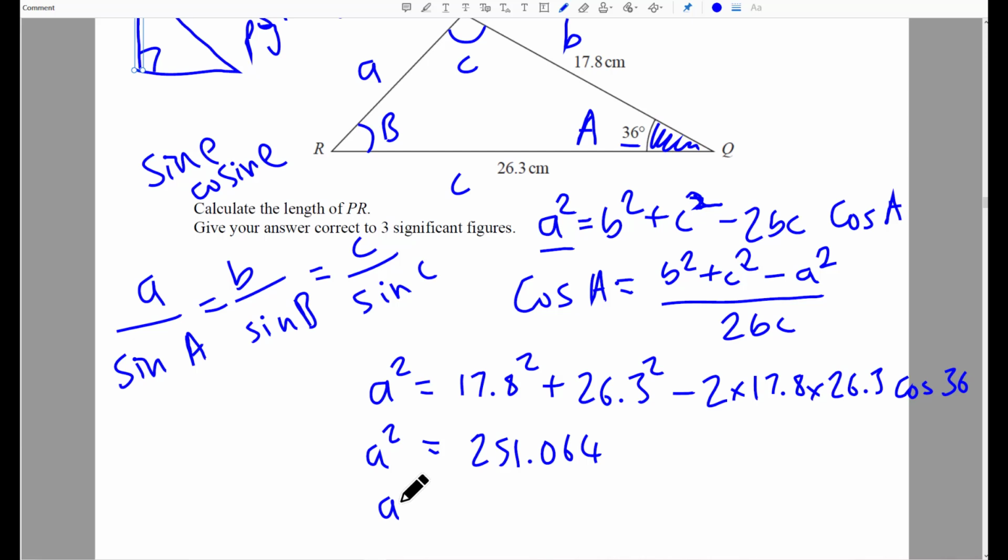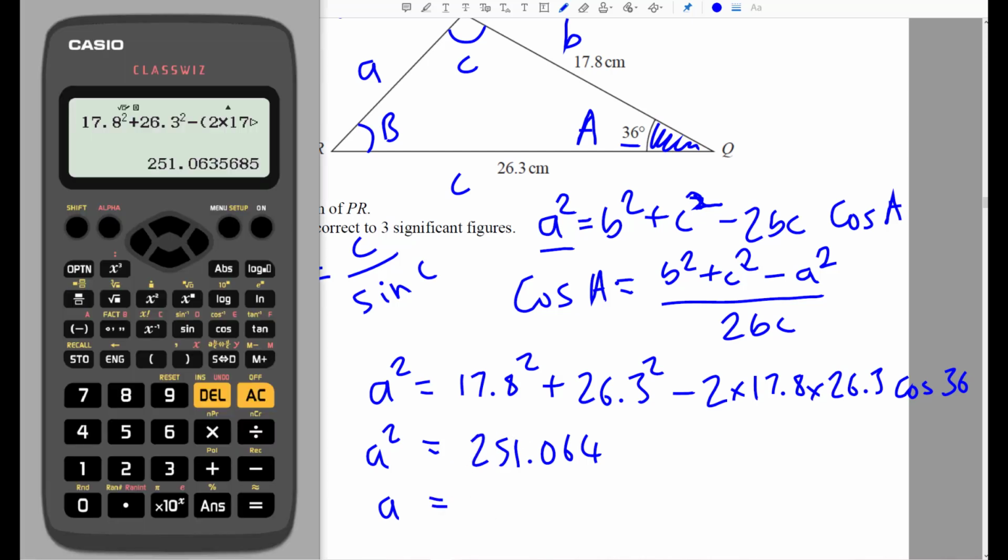So we know A is going to be over 15, 15.7 or something like that if we square root. So square root the answer. I could just square root the answer from here, but do write that down. Square root the answer, so it's going to be as accurate as possible.